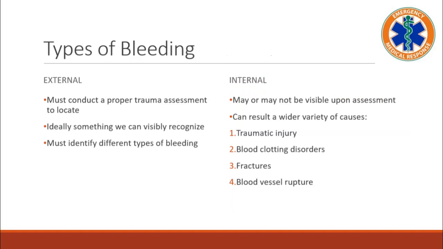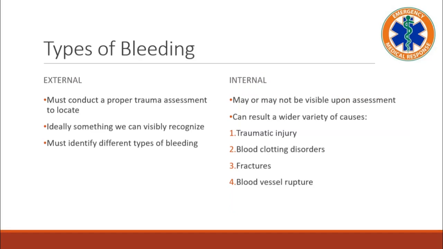So when we go into bleeding here, we have both external and internal types of bleeding. External, we need to do proper trauma assessments to make sure we're actually finding the bleeds, whether it's hidden under clothing or stuff like that. Ideally, it's something that we can visibly recognize and make note of.